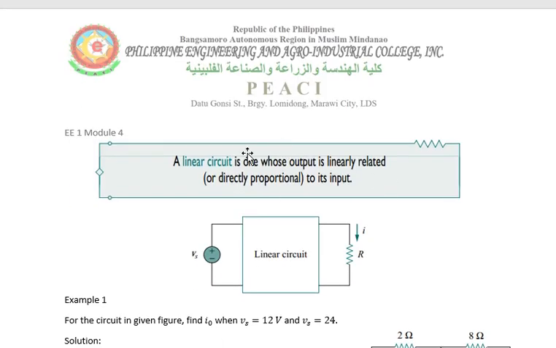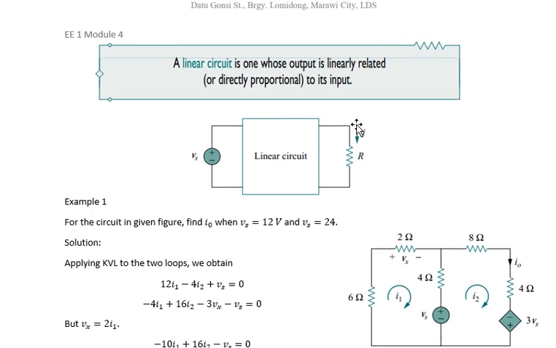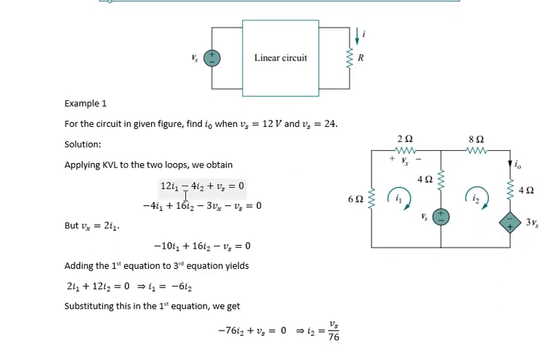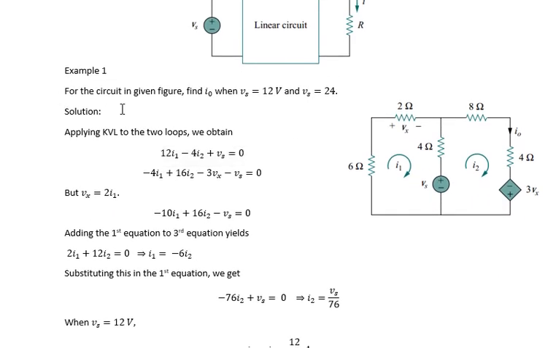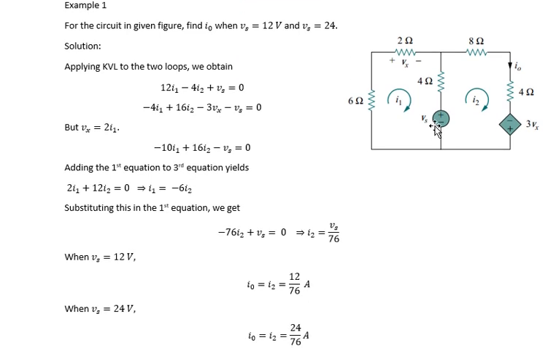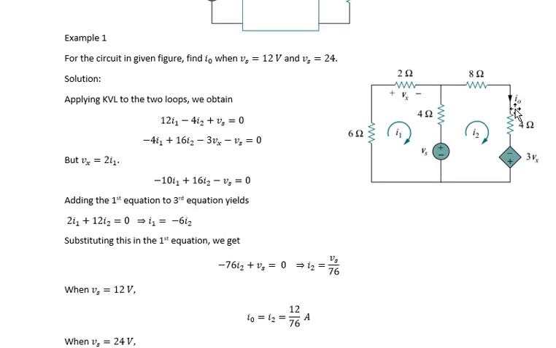So that is our definition. Let us read the example. Example number 1: for the circuit given in the figure, find I sub O when Vs is 12 volts and Vs is 24 volts. So you are asked to find the value of I sub O when the voltage Vs is equal to 12 volts and Vs is equal to 24 volts.